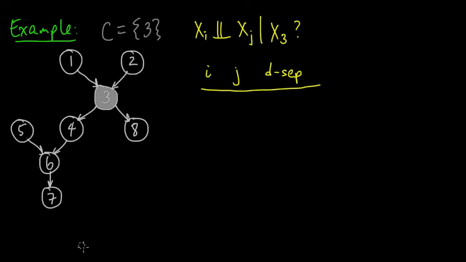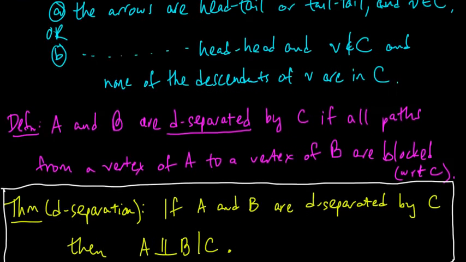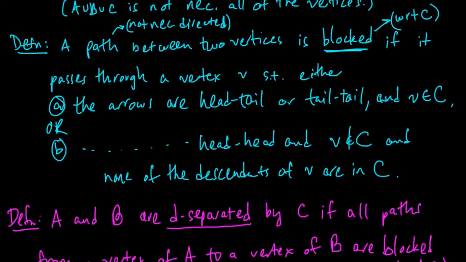Remember we can remind ourselves here. This was the definition of blocked. A path between two vertices is blocked with respect to C if it passes through a vertex V such that either A, the arrows are head to tail or tail to tail, and V is in C.